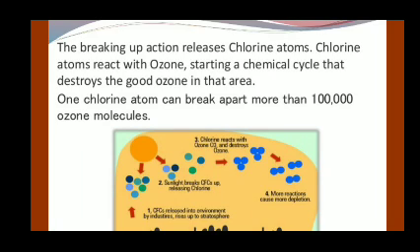This chlorine atom reacts with ozone to form chlorine monoxide and oxygen gas. The breaking up action releases the chlorine. This chlorine atom reacts with ozone, starting a chemical cycle that destroys the good ozone in that area.